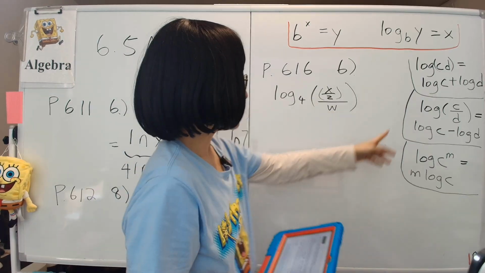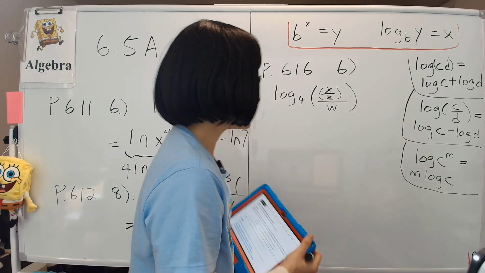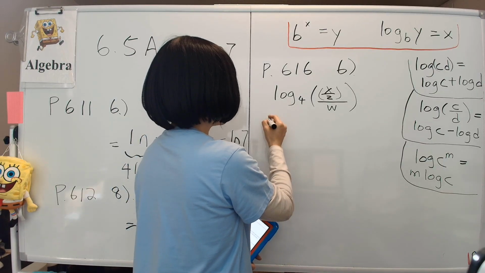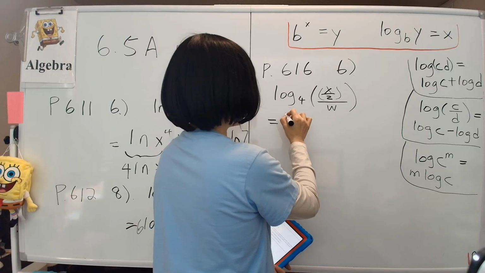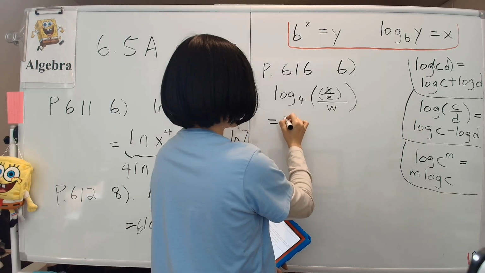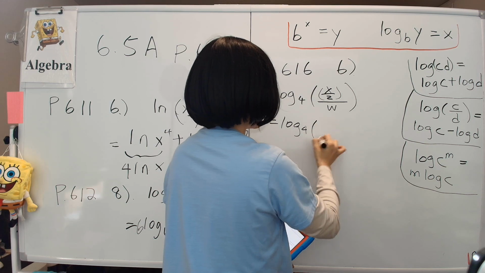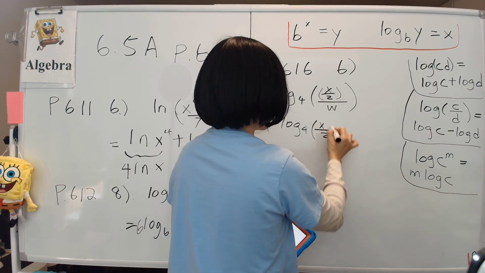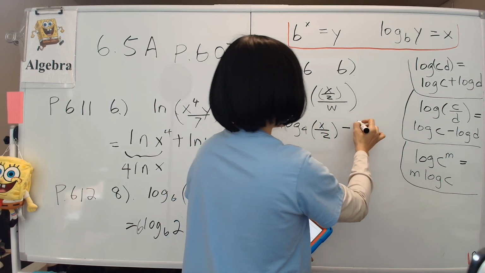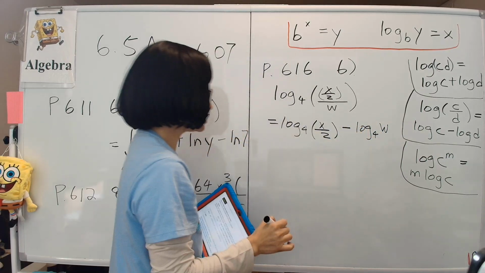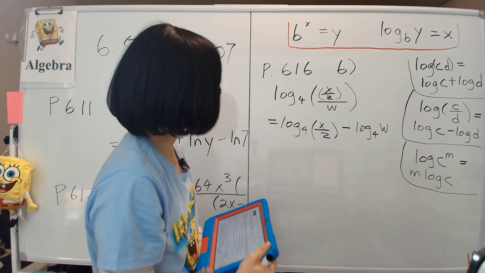So then apply the subtraction rule, right? Division translates into subtraction in logarithm. So let's write that down. This will be equal to, by the quotient rule, log base 4 of what's on top, which we'll write as x over z, and then minus what's on the bottom, log base 4 of w. Okay, so that part is done. And next, now you can focus on this.